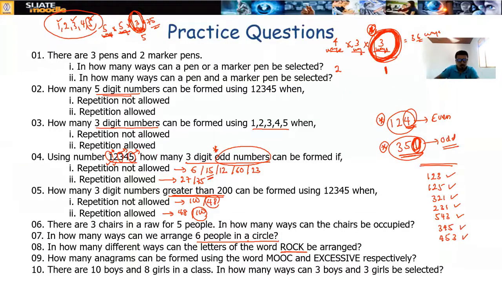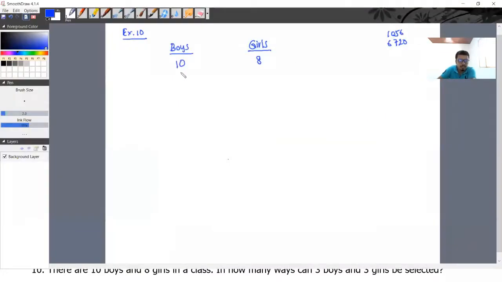What do we need to do? In how many ways can 3 boys and 3 girls be selected? Out of these 10 boys, we need to select 3 boys, and out of these 8 girls, we need to select 3 girls.